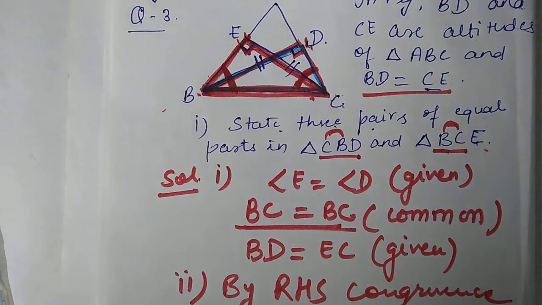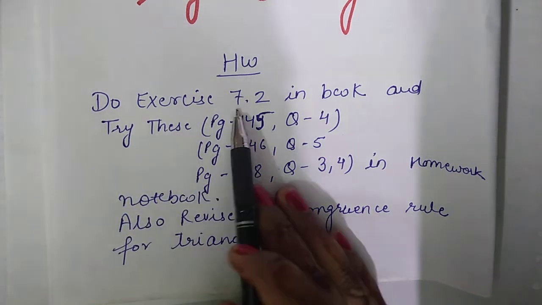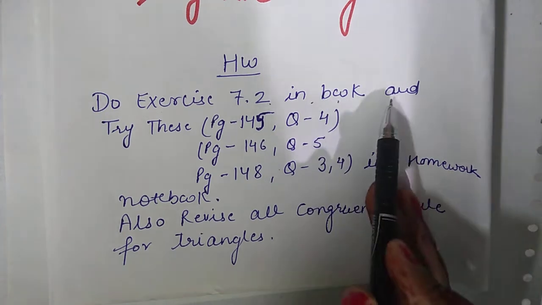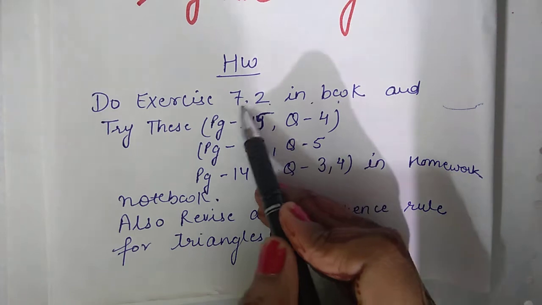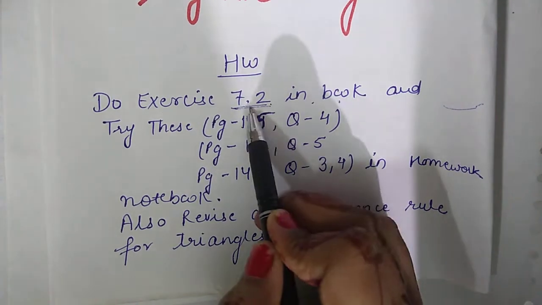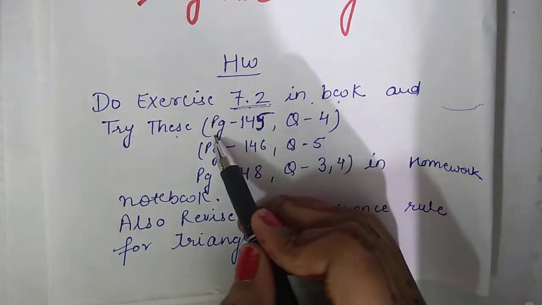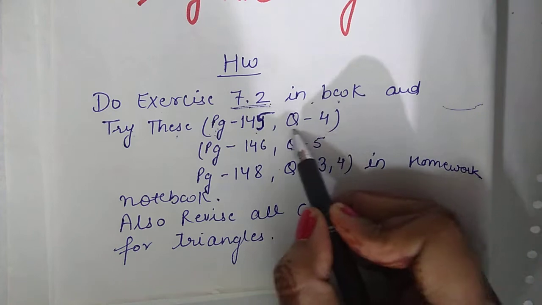Come to the homework. Students, your homework is, you have to do exercise 7.2 in the book. Only short questions are there in exercise 7.2, so you have to do it in the book only. Then try these questions: first on page number 145, question number 4.